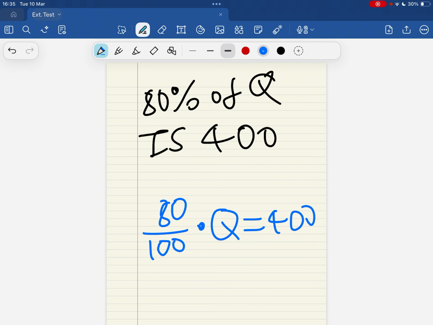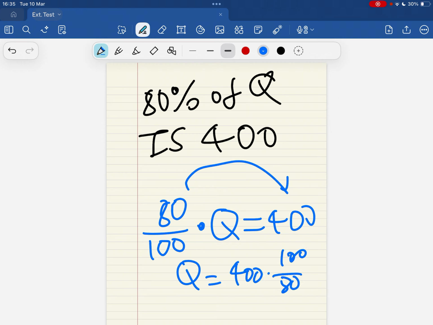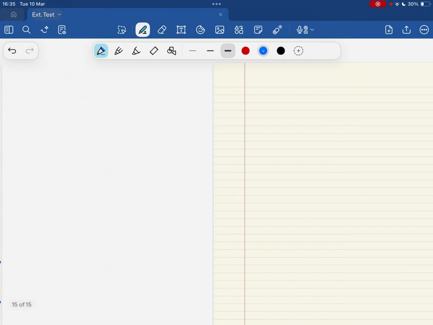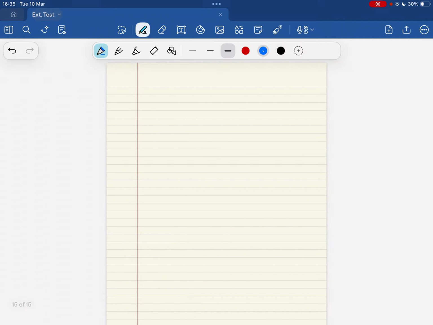And then you can divide this fraction onto the other side. So Q is equal to 400 multiplied by 100 over 80. And that's how you use the percent. You can memorize it. You can say if 80% of Q is 400, then Q is 400 divided by 80%. Yes, you can do that. But you can also manipulate the expression so that it's much more intuitive and much easier to understand. And so that's it for percentages.